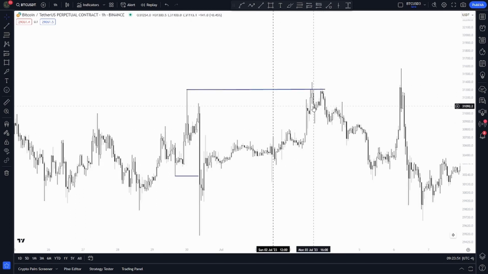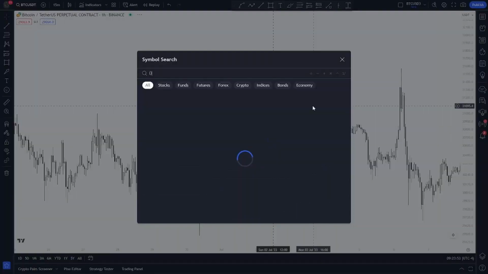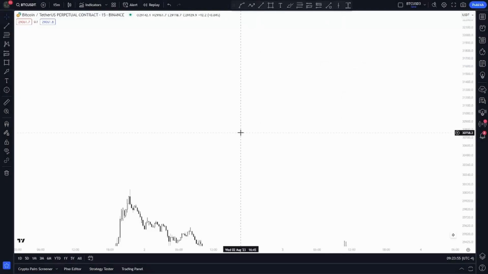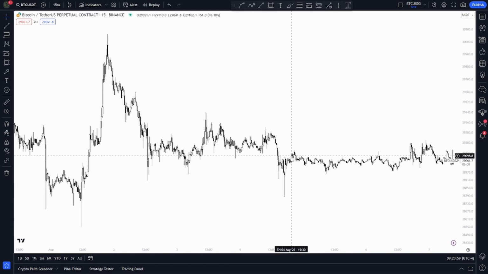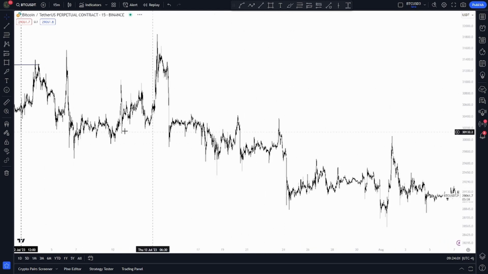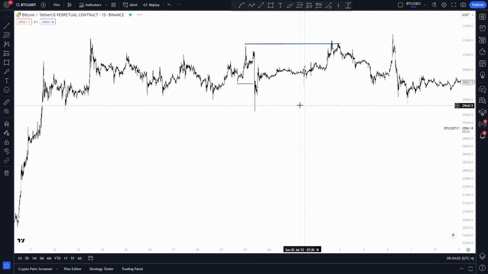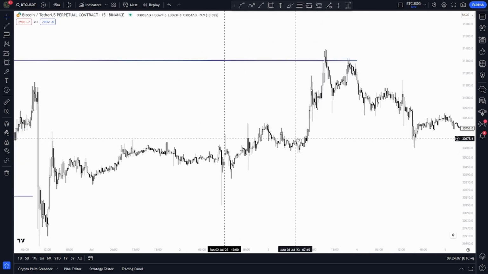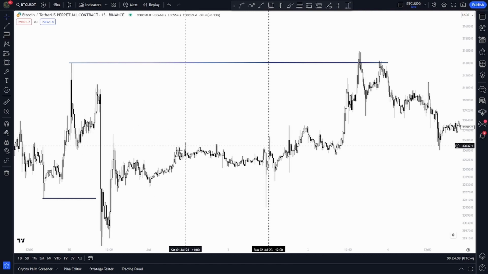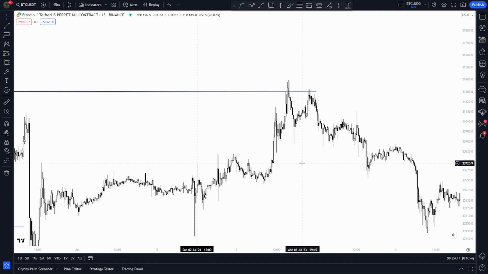Then we look at, for example, 15-minute charts. There's a liquidity sweep on this area, and as forecasted, there shall be a daily top.